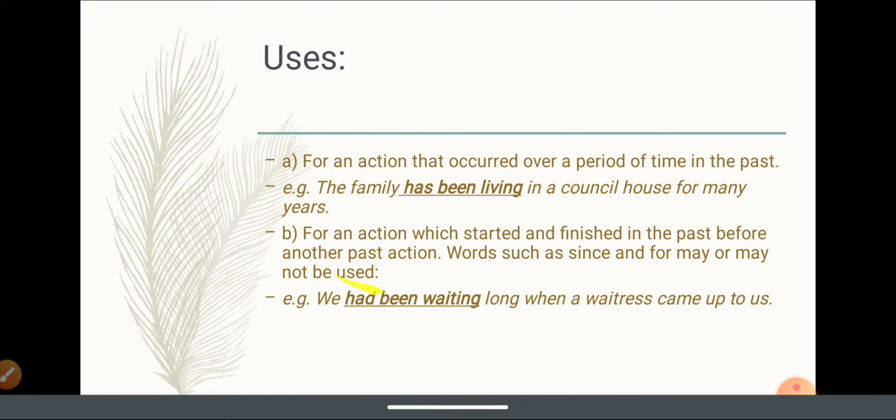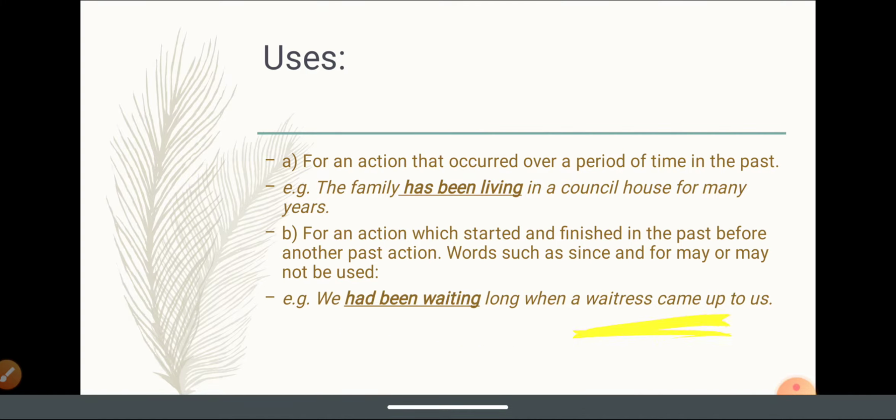Next is for an action which started and finished in the past before another past action. So there are two past actions. One was completed and one was continuing from some time. So, we had been waiting long when a waitress came up to us.